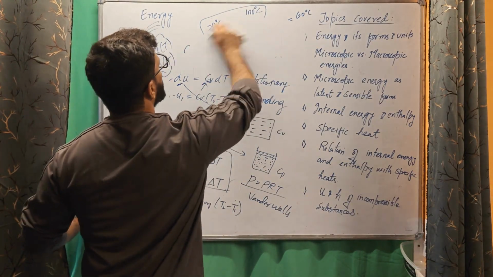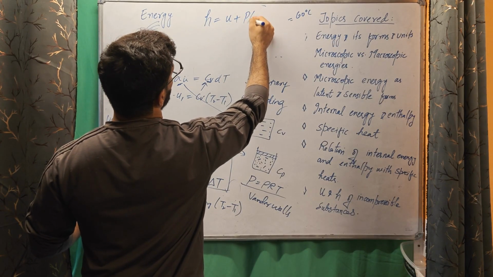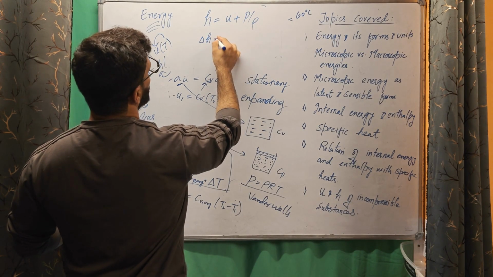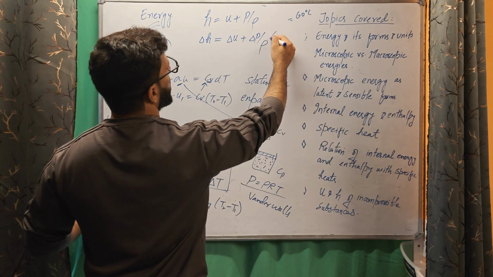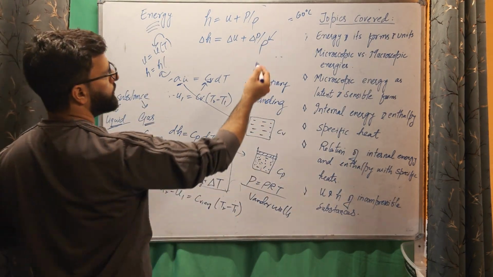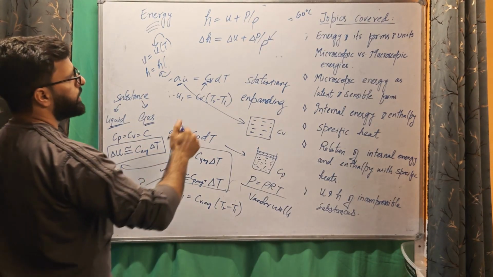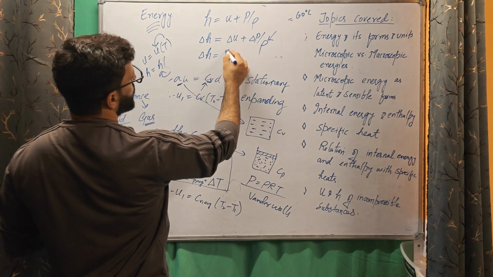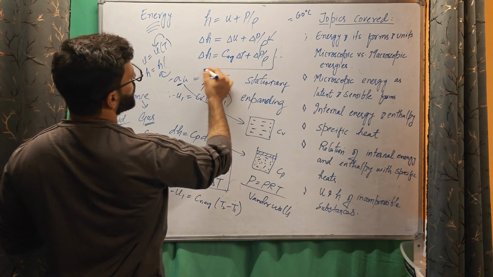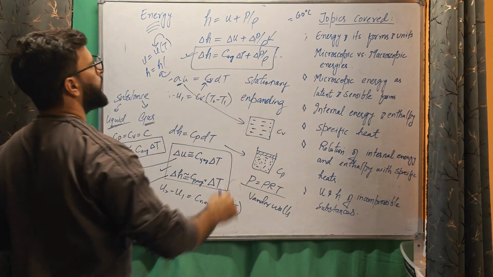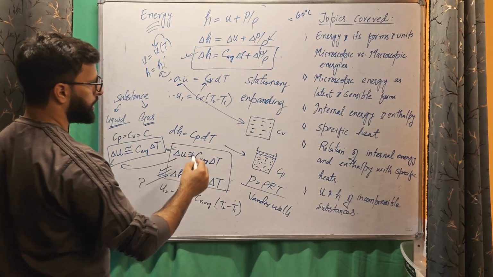So what we use is, we know enthalpy is by definition U plus P divided by rho, and the change in enthalpy for a liquid will be written as delta U plus delta P divided by rho, because for incompressible substances, liquids and solids, rho is constant, and delta U is C average delta T. So C average delta T plus delta P divided by rho. So this will be delta H for liquids, this will be delta U for liquids, this will be delta H for gas, this will be delta U for gases.